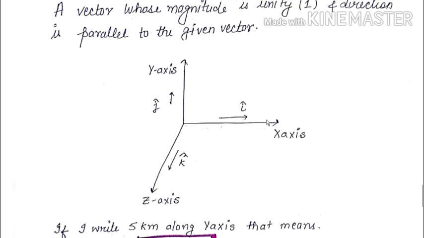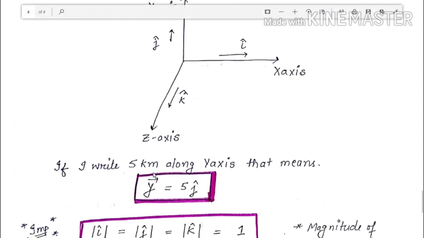Along the x-axis, in kinematics, you take i cap. Along the z-axis, you take k cap, and along the y-axis, you take j cap. If I say I walk 5 kilometers along the y-axis, that means y is equal to 5j. Similarly, 3 kilometers along the x-axis means x is equal to 3i cap. 5 kilometers towards the z-axis means z is equal to 5k cap, and so on.